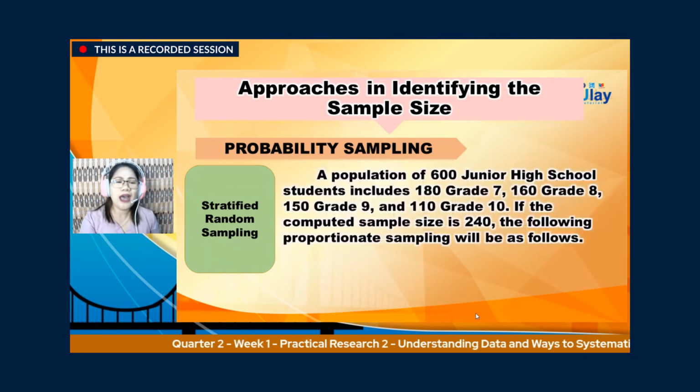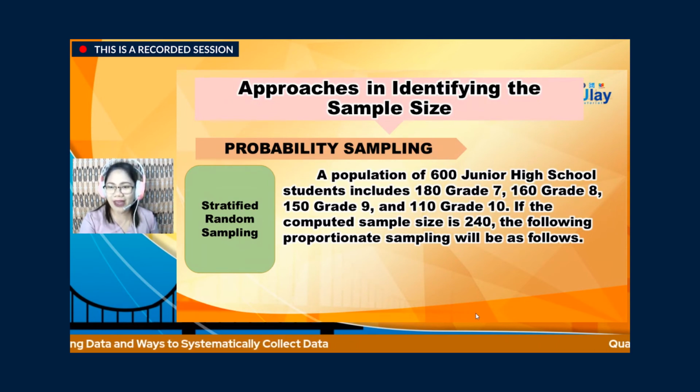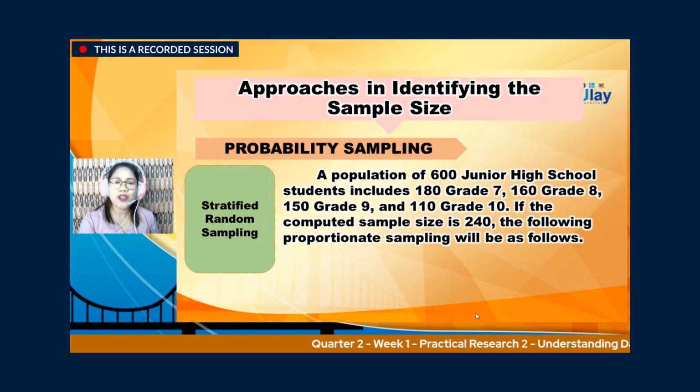Then we also have an example. A population of 600 junior high school students includes 180 grade 7, 160 grade 8, 150 grade 9, and 110 grade 10. So if the computed sample size is 240, the following proportionate sampling will be as follows.